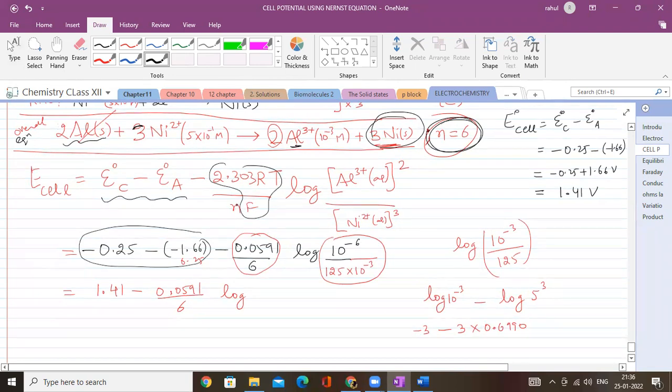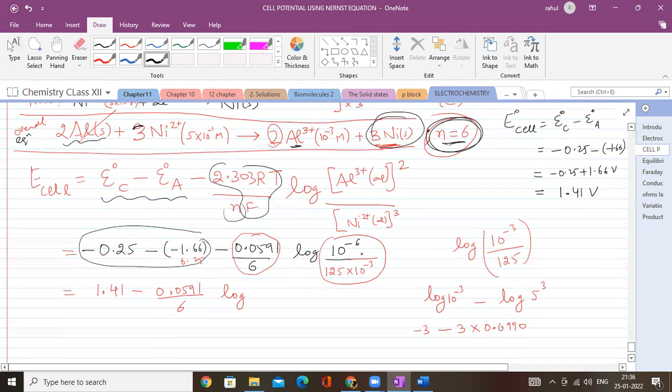Of course, the number of electrons exchanged is 6 here, log. Aluminium is 10 raised to minus 3, raised to power 2, that is 10 raised to minus 6, and this is 5 into 10 raised to minus 1, raised to power 3. So 5 whole cube is 125 into 10 raised to minus 3.